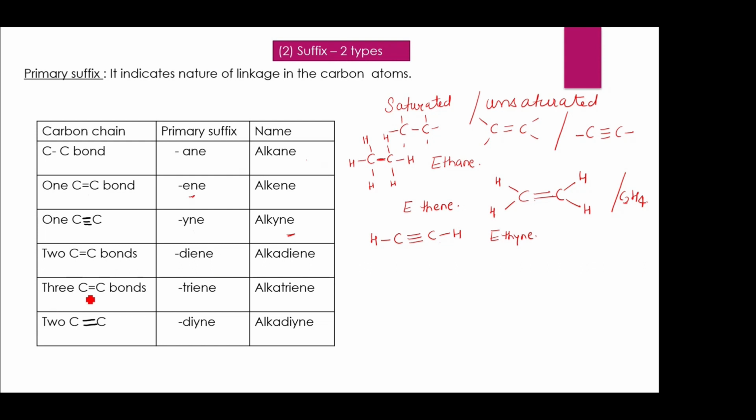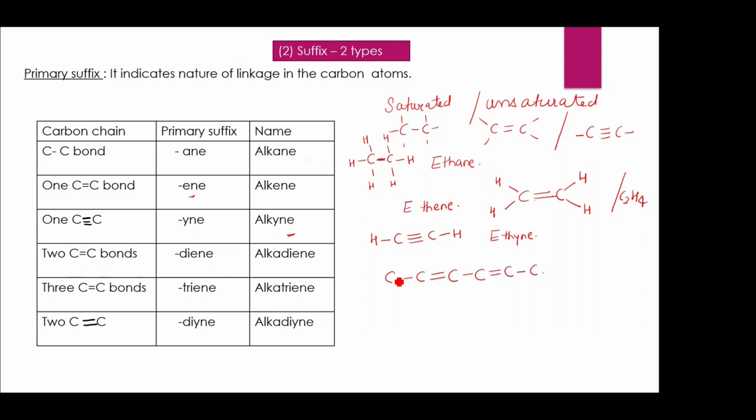If we have two C=C double bonds, then we have to use the prefix di. If there are 3 C=C double bonds, then we have to use the prefix tri, as in triene. Let's see one example. Carbons 1, 2, with a double bond at 2, 3, 4, 5, 6.